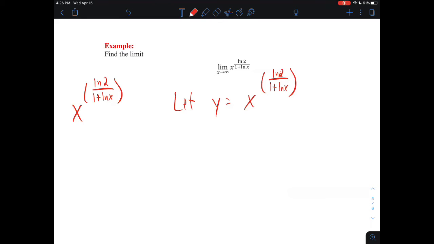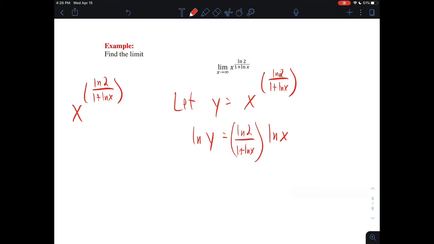Then, if I take the natural log of both sides, the exponent, natural log of 2 divided by 1 plus the natural log of x, becomes a coefficient for the natural log of x.